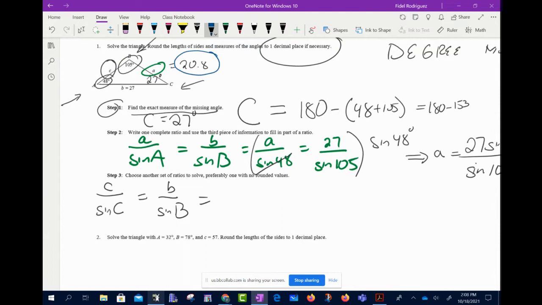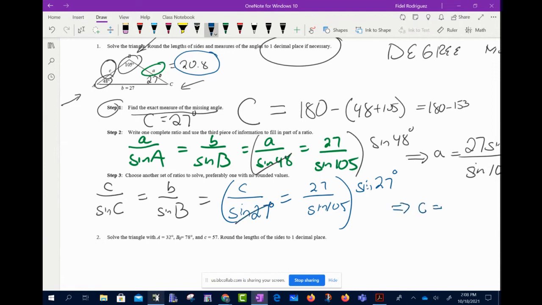I'm going to use the values we knew from the get-go. So little c divided by the sine of C, which we came up with was 27 degrees, an exact value, is equal to little b, which was 27, divided by the sine of 105. From here we can multiply both sides by the sine of 27 degrees so that we can cancel this out.